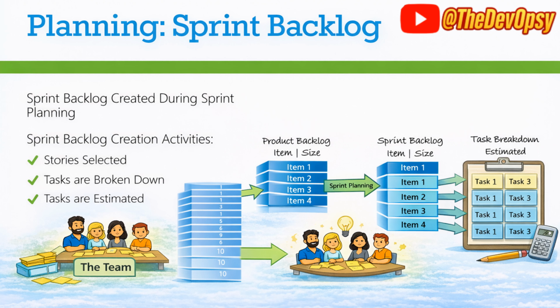And those items or stories are broken down into tasks and then estimated. So tasks are estimated: how much time will this particular task take, maybe hours or maybe days, and how many story points that particular backlog item has. Accordingly, those will be broken down into tasks.